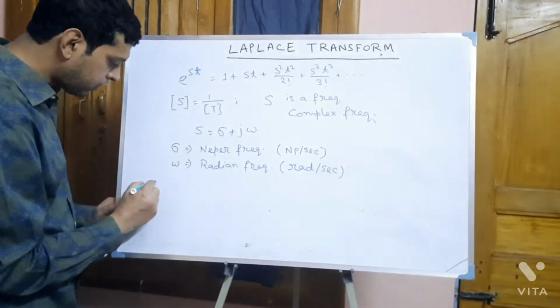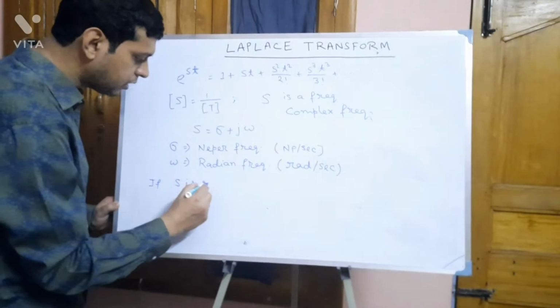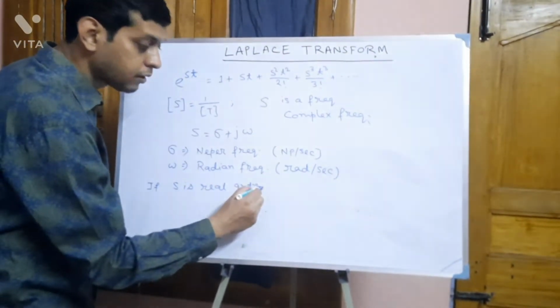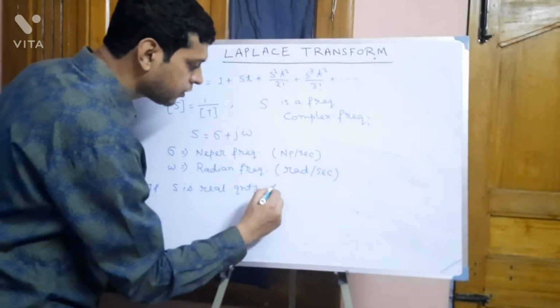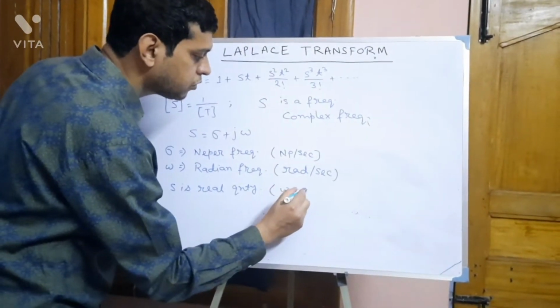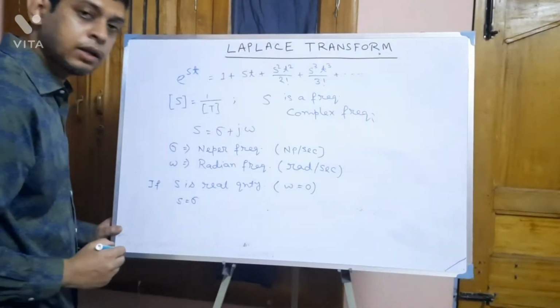Now, if s is a real quantity, that is, if omega is equal to 0, then s is equal to only sigma.